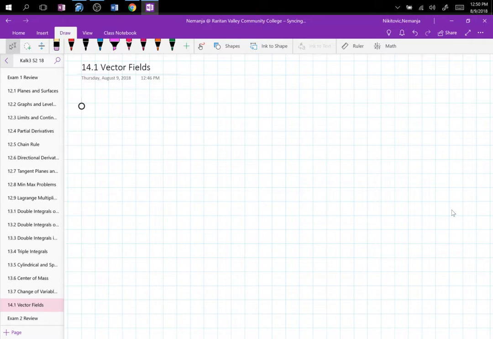If you are familiar with wind and flow of liquid, then you have magnetic fields, electric fields, gravitational fields, and so on. Vector fields are what would describe those phenomena.